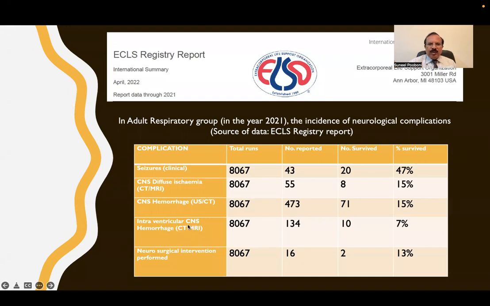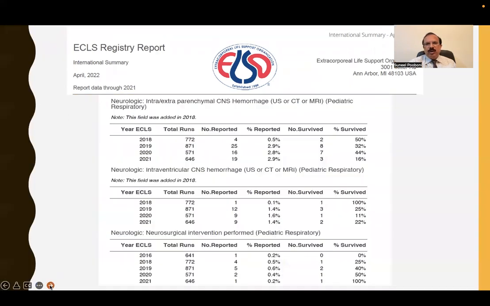Only CT is possible while on ECMO; MRI is after decannulation. Neurosurgical intervention performed, etc., and the percentage of patients who survived are also shown. So one has to be really careful to avoid these sorts of neurological injuries to the extent possible.